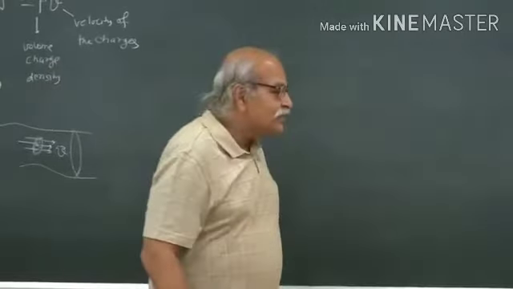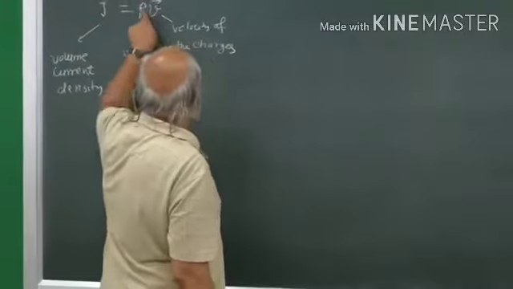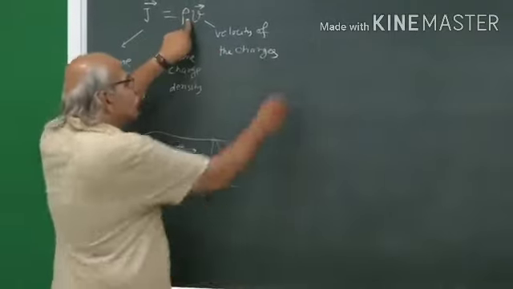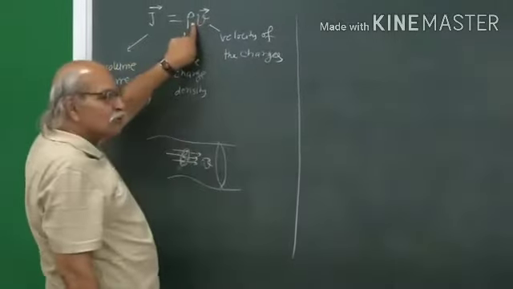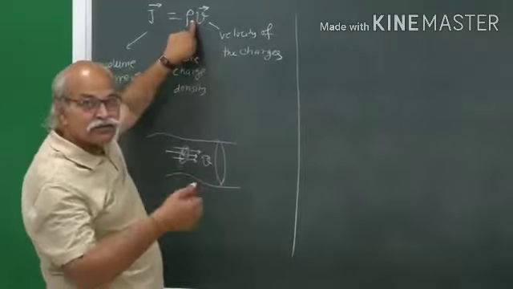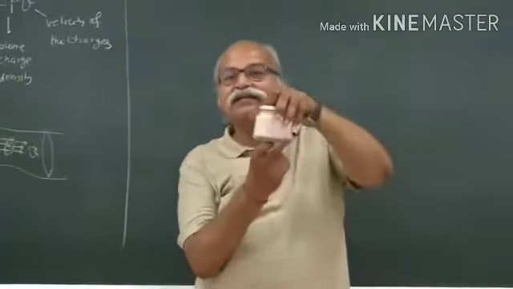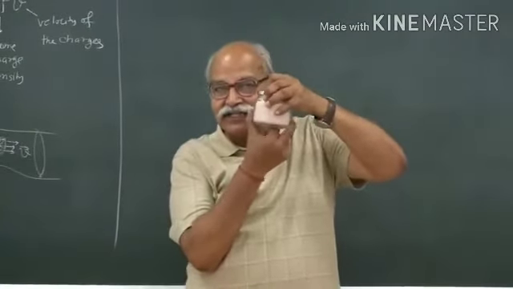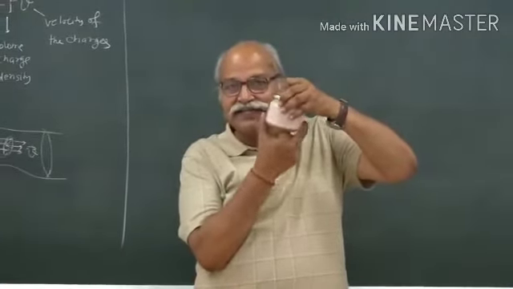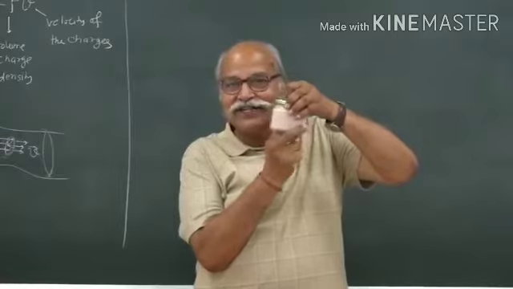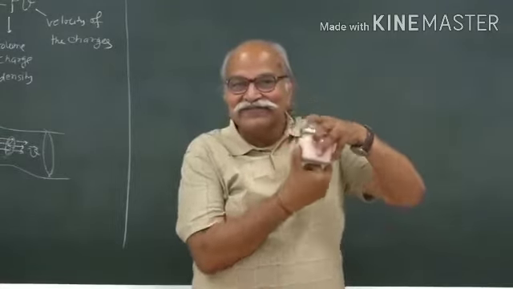So, how do I get this V? The rho I have charged it, I know how much is rho, and omega I know, omega is the same. If it is making one rotation in say 0.2 seconds, then I know how much angle it is rotating per second, and so omega I know.